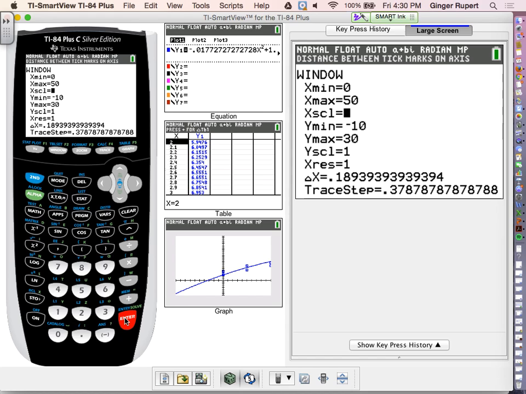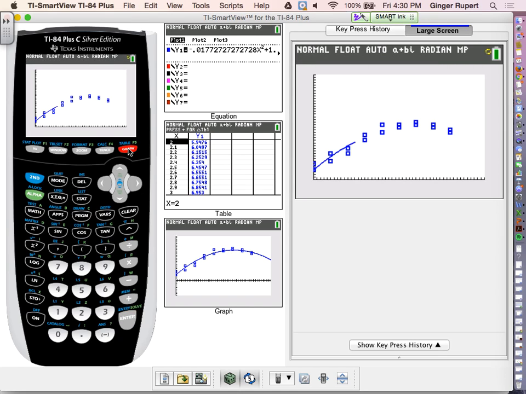And then my yield, I'm going to look at my y-axis from 0 to 40. So I can get a look at this model. Then I can take a look at the graph. There's my line of best fit, and it looks like it suits the graph.